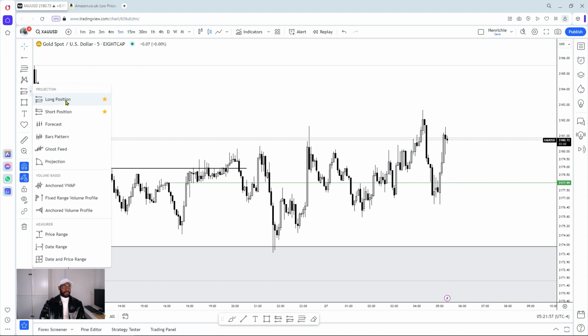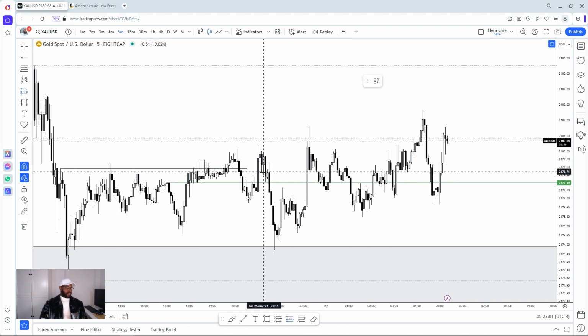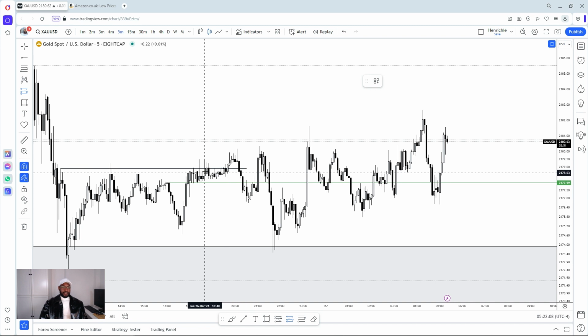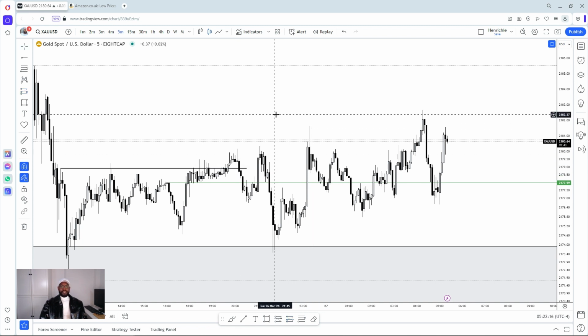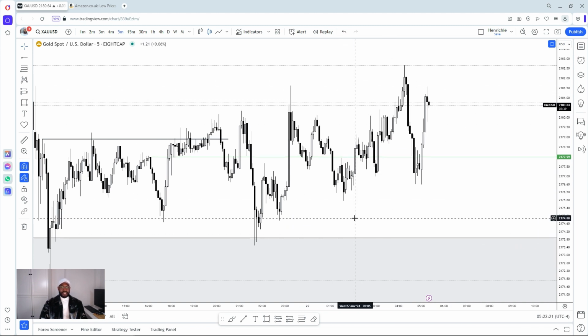Stop loss, the overall low. Because this trade right here was playing out in the evening, in the night, I mean, I just didn't know the exact point price was going to want to retrace into.